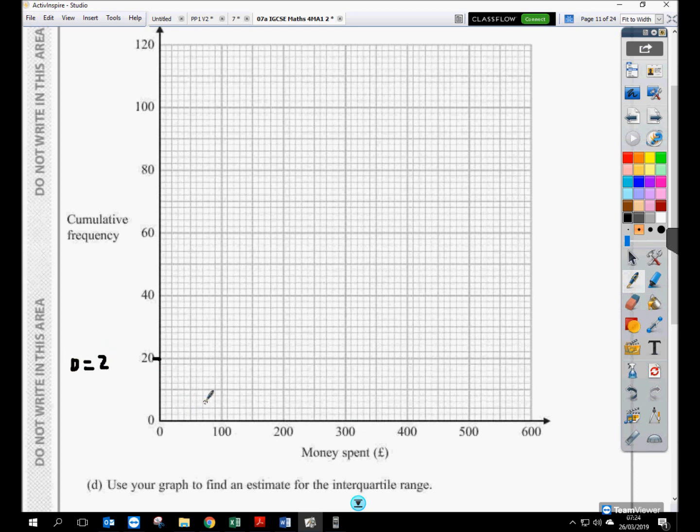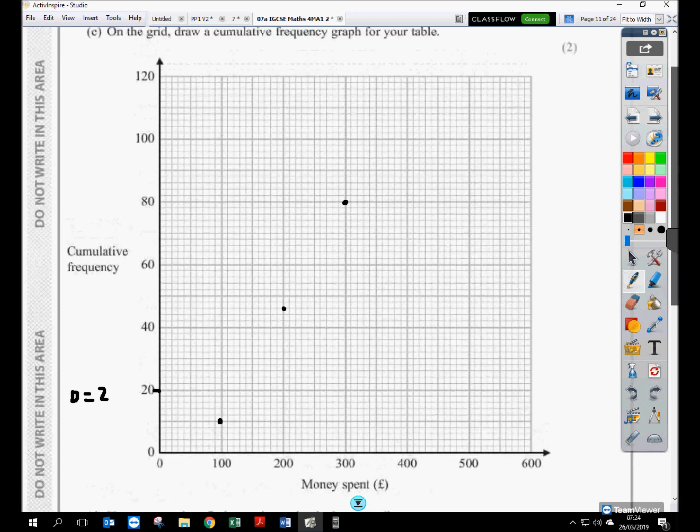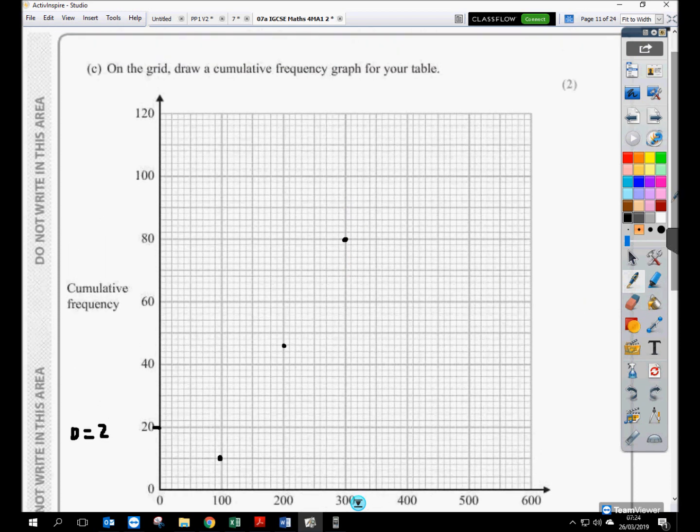Just bear that in mind. 100 goes to 10. 246, 40, 42, 44, 46. 300 goes to 80. 400 is 100. 500 goes to 115, so like this: 102, 4, 6, 8, 10, 12, 14, 16. So it's halfway, 115. 600 goes to 120.